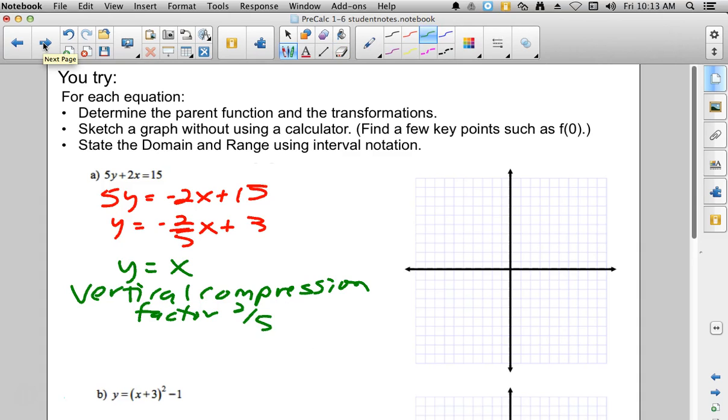What does the negative tell me? So then what's the +3 for in the back? Of 3.